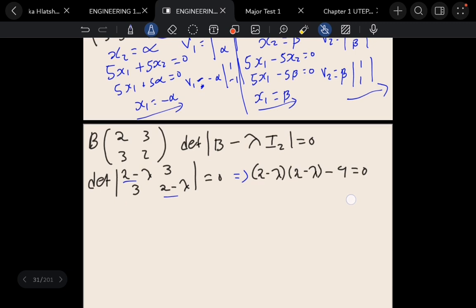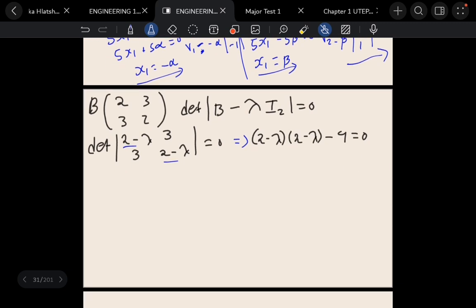And then trying to simplify this, you know that this is lambda squared minus the trace of that matrix times lambda plus the determinant. So it's lambda squared minus 4 lambda, minus 5, which is equal to 0.